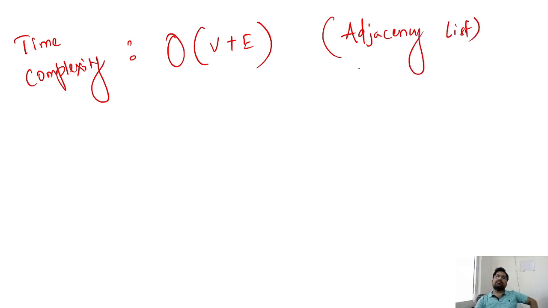If you are using an adjacency matrix, that would be V squared. We have already studied this. For space complexity, if you are using an adjacency matrix, that would be V squared or N squared.